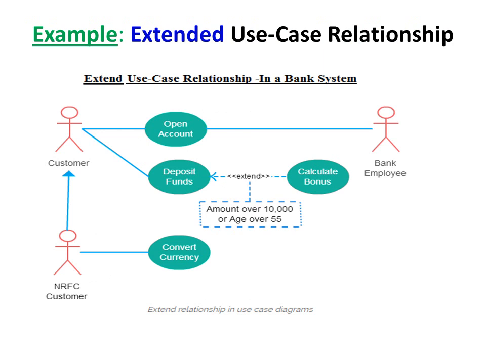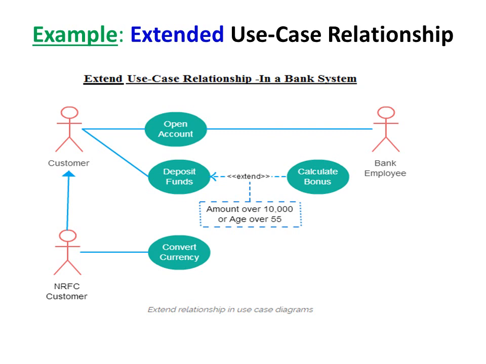Example. As you can see, the calculate bonus use case extends deposit funds. What does it mean? It means calculate bonus is optional and it is executed based on a condition, which is amount over 10,000 or age over 55.